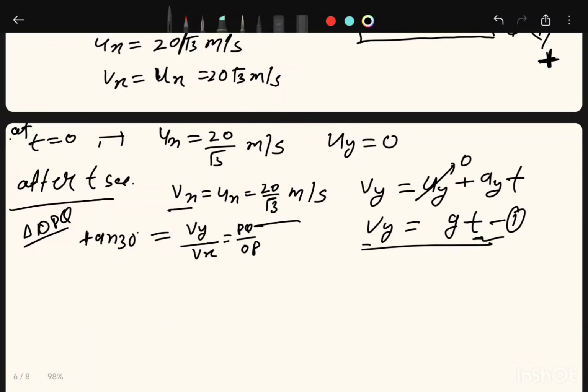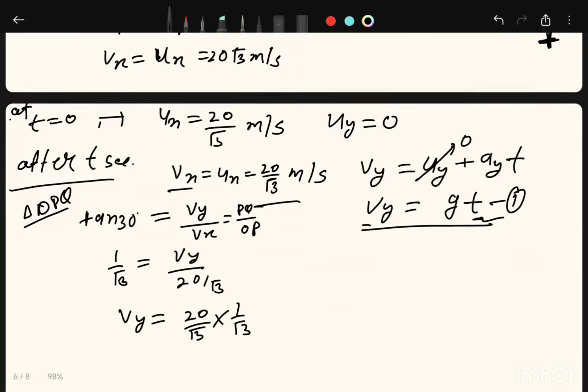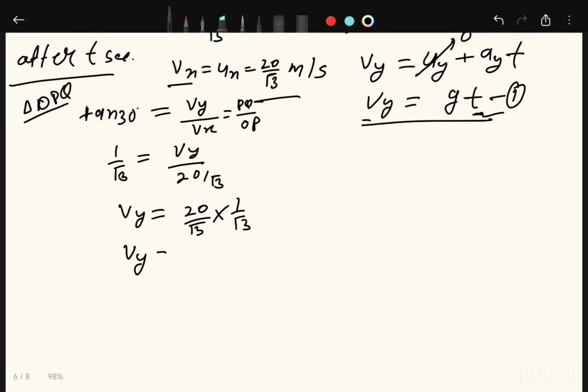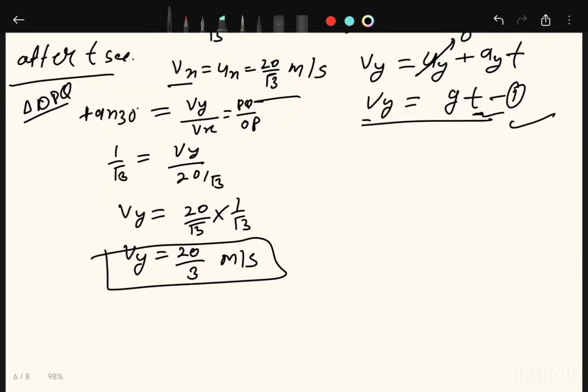So tan 30, we know it is 1 by root 3, right? And vy we have to find out, and vx we know is 20 by root 3. So your vy will be 20 by root 3 multiplied by 1 by root 3. So your vy has become 20 by 3 meter per second. Now you see equation 1: we have vy, we know g, so we can get t.